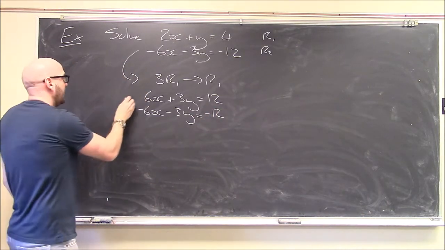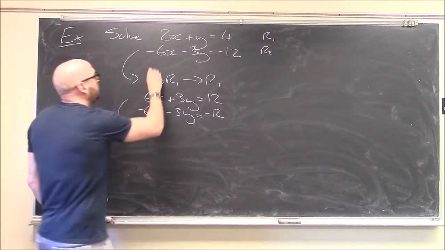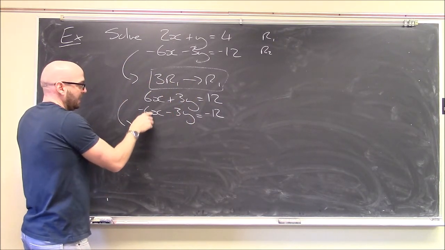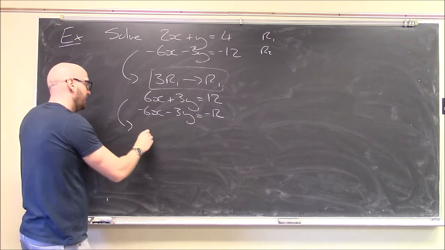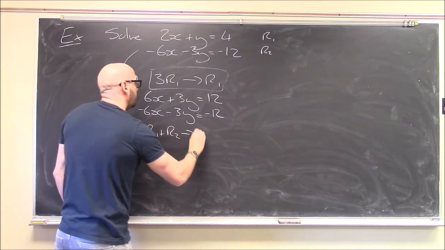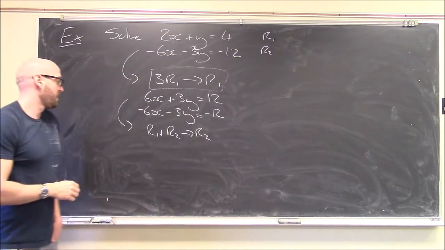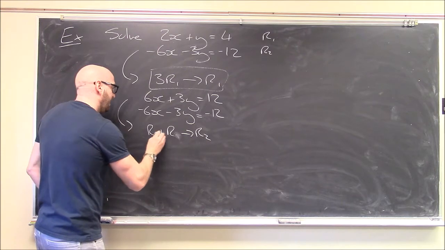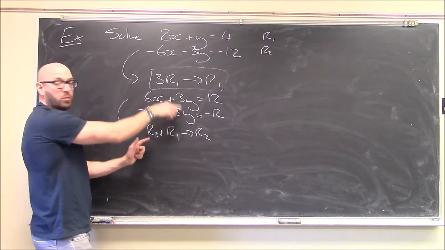And now we'll just add them together. So let's say we add the first equation to the second one. So r1 plus r2 becomes our new r2. I should write it in the opposite order. I'm taking row 2 and I'm adding row 1 to it.